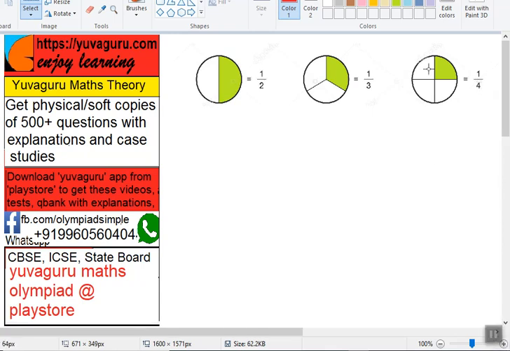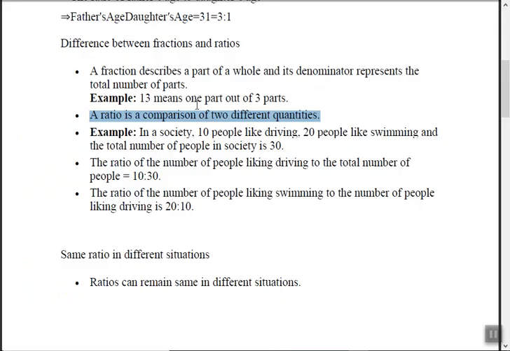The denominator represents the total number of parts, whereas ratios are different. A ratio is a comparison of two different quantities. It has nothing to do with the total number of parts or how many parts are selected. It's only a comparison of two different quantities. For example, in a society, 10 people like driving, 20 people like swimming, and the total number of people in the society is 30. So the ratio of people liking driving to total number of people is 10 is to 30.